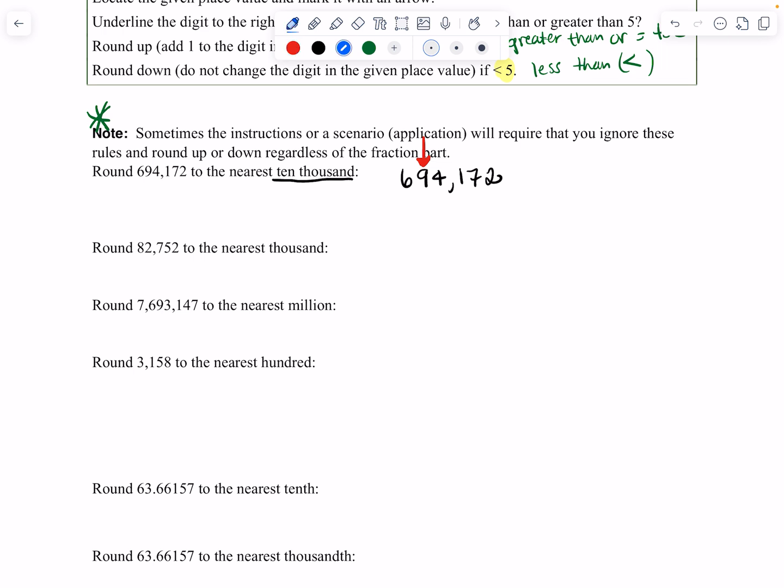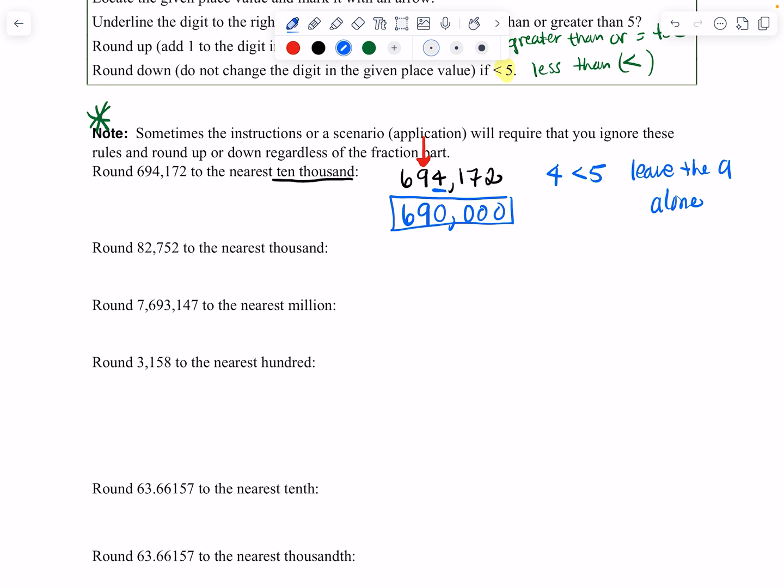I'm going to look to the right of that. I see a 4. 4 is less than 5. So I'm going to leave the 9 alone. So this is going to look like 690,000, and that's that.